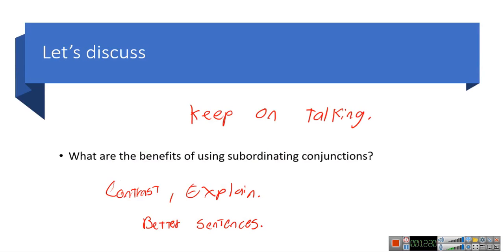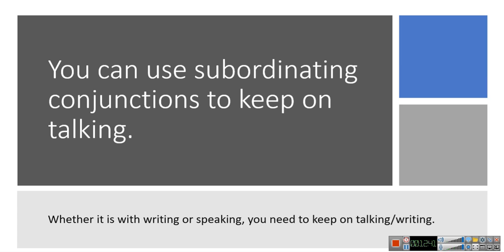When we do the writing exercise, people really want you to write as much as you can. And for this, you need to use a lot of subordinating conjunctions. You need to keep on talking. Talk as much as you can.